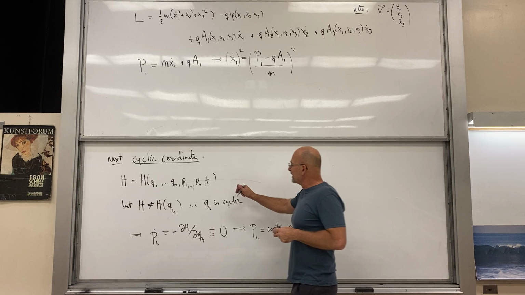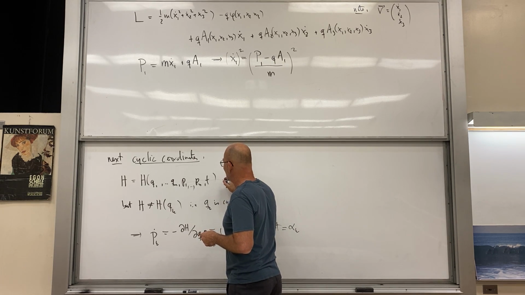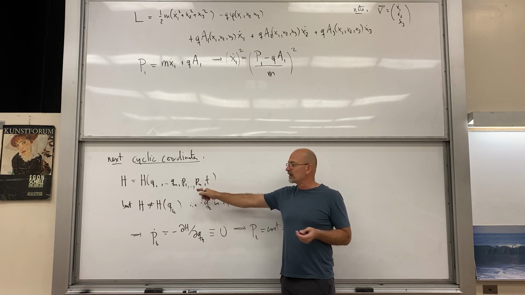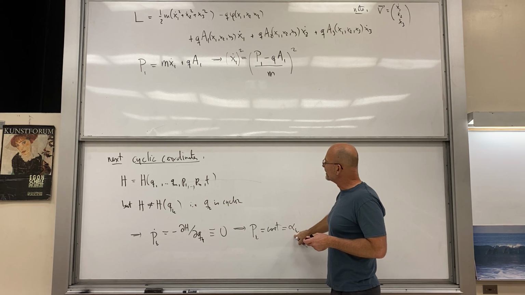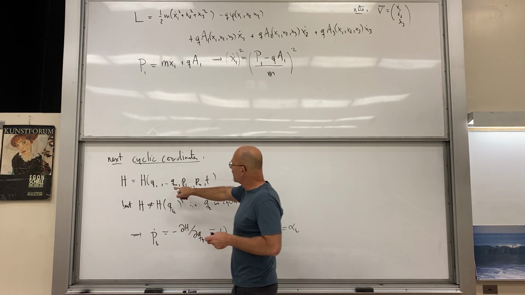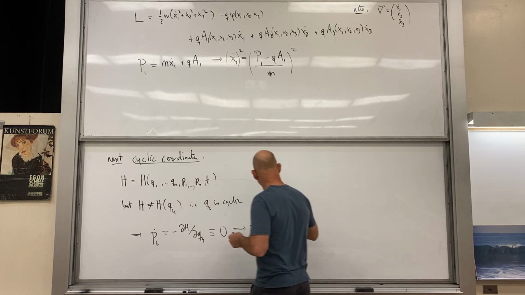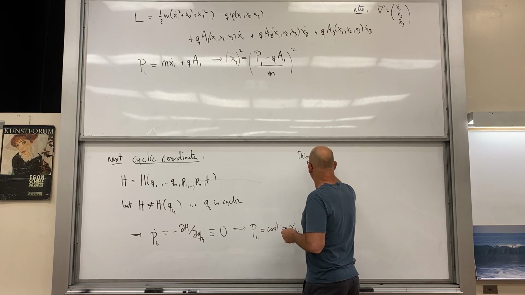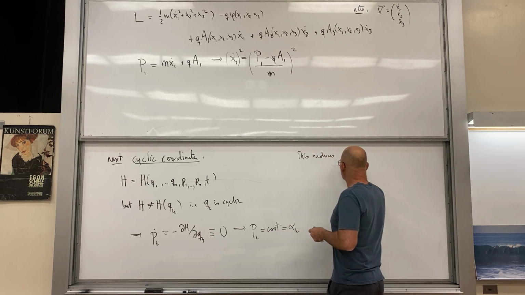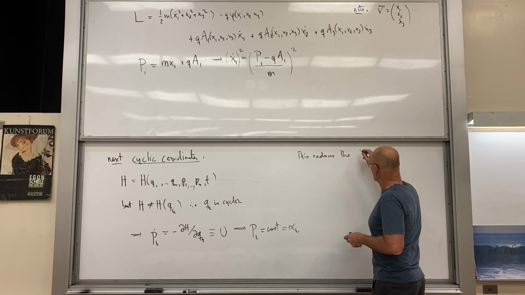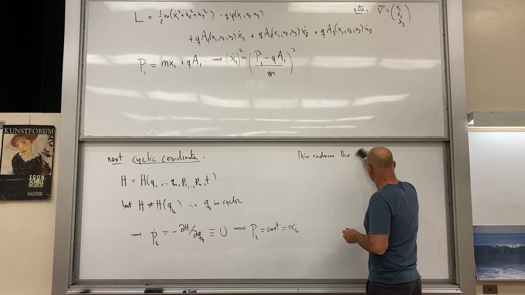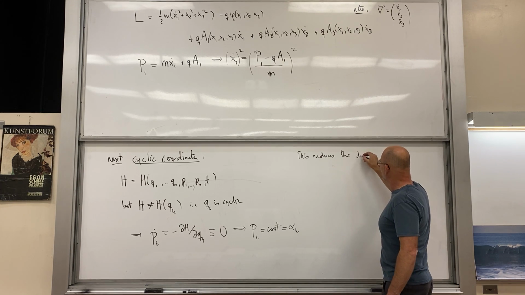What this does is it reduces the number of variables in the Hamiltonian. It reduces the dynamical variables. Okay, let's write that.